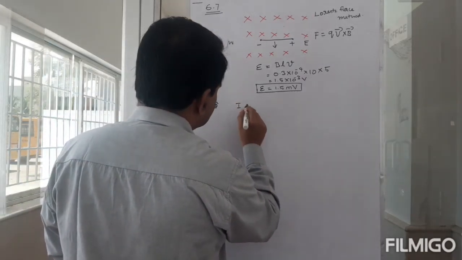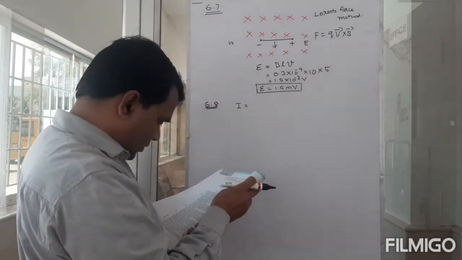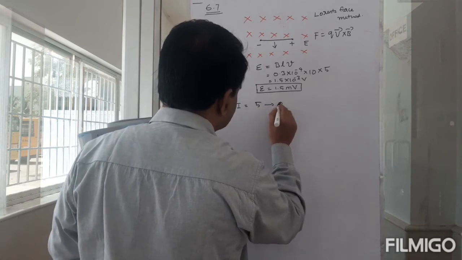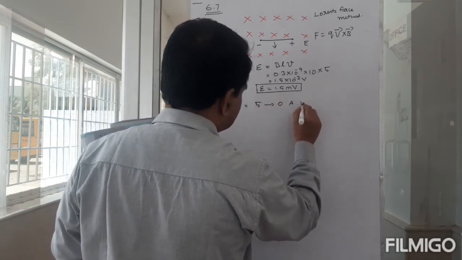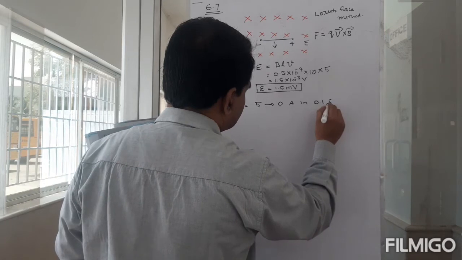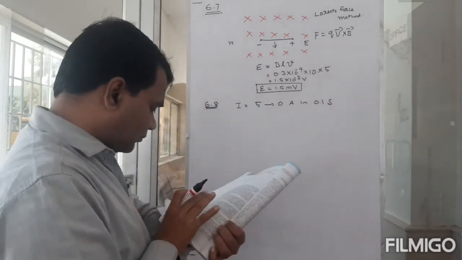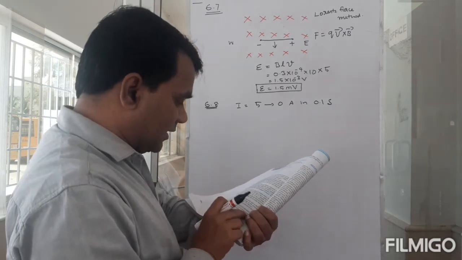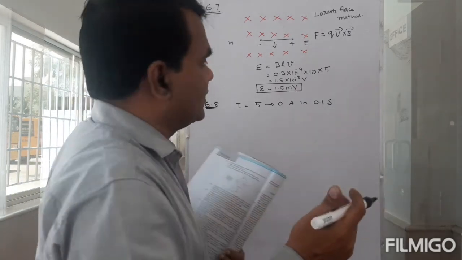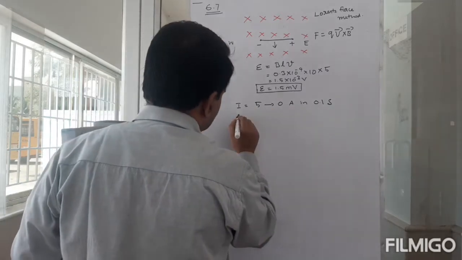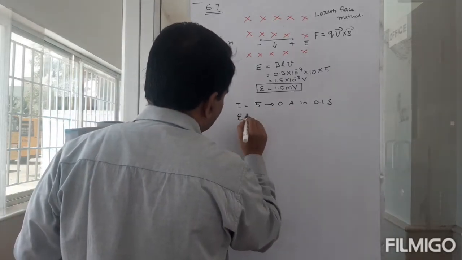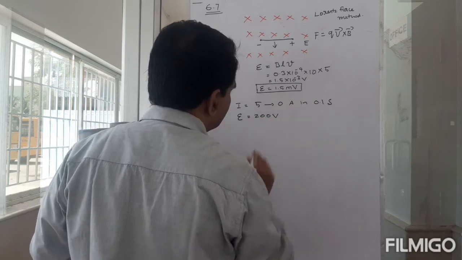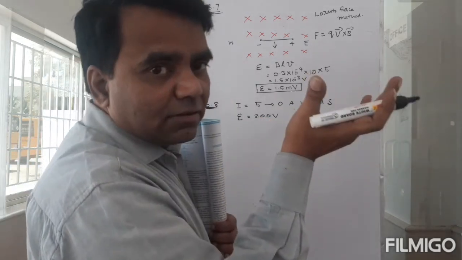So current I is falling from 5 to 0 amperes in 0.1 second. And if an average EMF of 200 volts is induced, the back EMF of 200 volts, then they ask you to find the inductance.